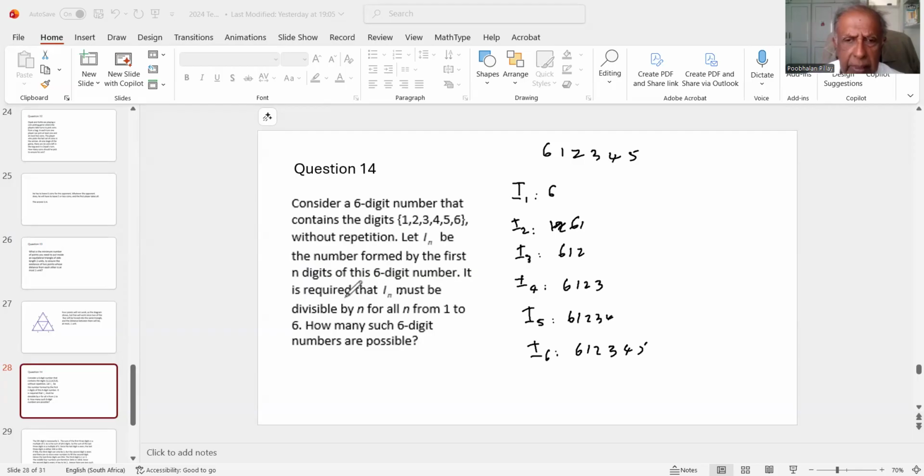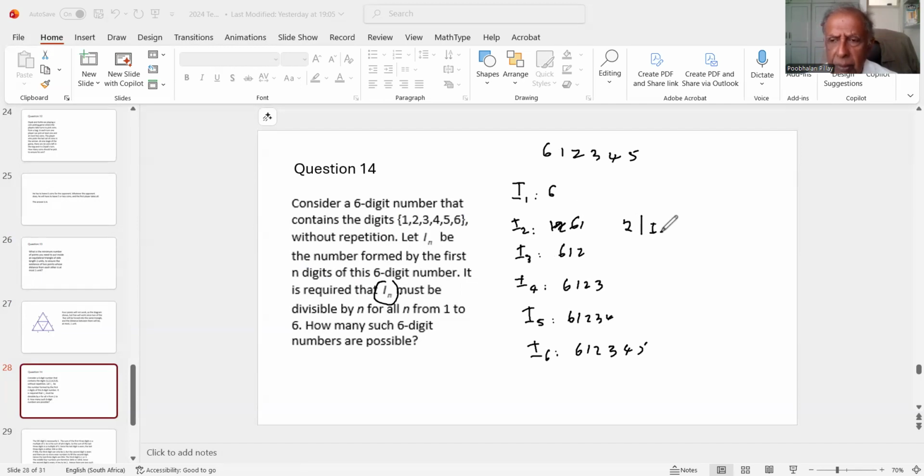Now, it says here it is required that I_n must be divisible by n for all n. So you want that 2 divides I2. This vertical line means is a factor of.